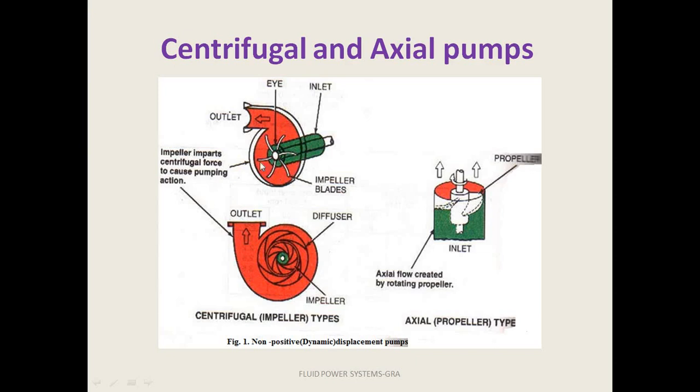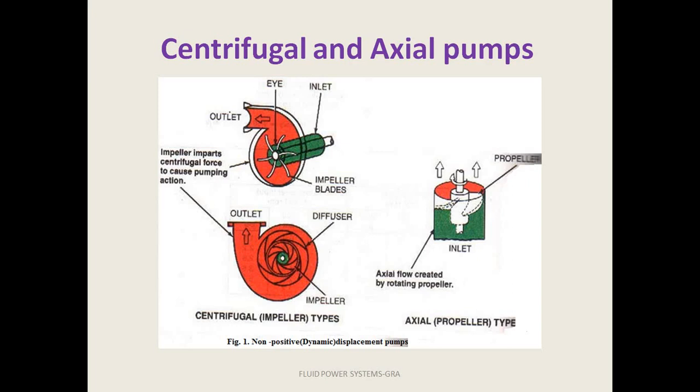If you just observe this construction, the area I am pointing to, from this point to this point, you can check. Here the area is less, and as we go further, it is more. Whenever the area is converging, the volume is also converging, and that is the reason pressure will increase.